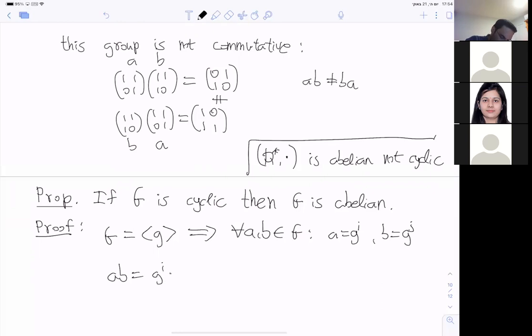It is g^i g^j. Now, we have the associative rule, so we can use the power rule, where this is the regular plus. That's all.